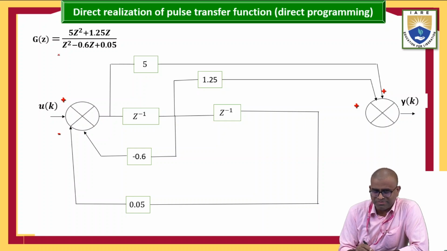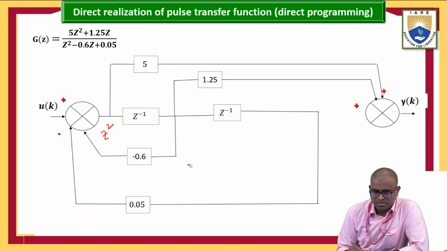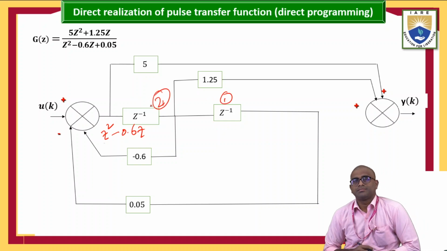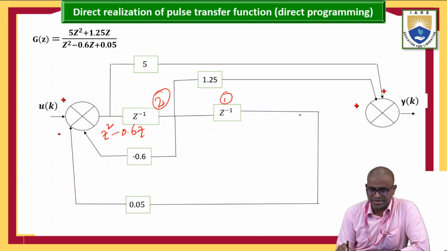I am going for the feedback path. z square, 1, 2. Next, minus 0.6 into z. 0.6 into the first term, second term. That's why z square. Next, minus 0.6 into z, only one term is there in this link. Okay, so it is completed.